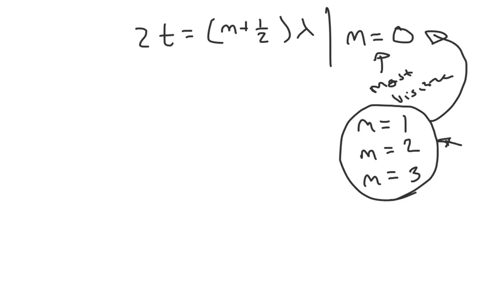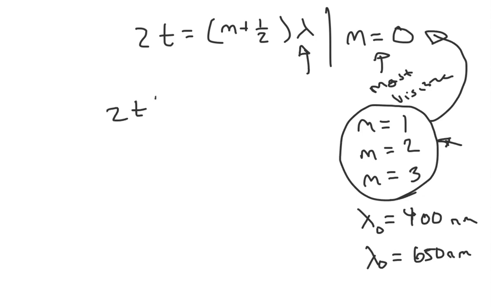Awesome. Now he told us that the wavelengths he gave us in the givens are the wavelengths in air, which are the wavelengths in a vacuum. So he gave us lambda naught, not lambda. Remember I told you this was going to be important. So this lambda up here, we need to change it.